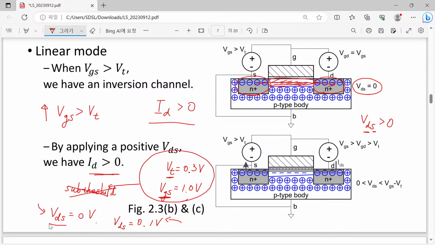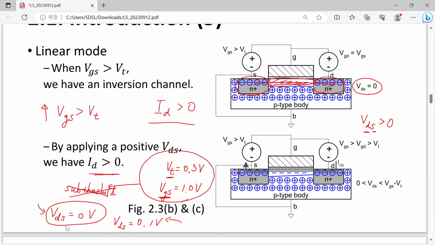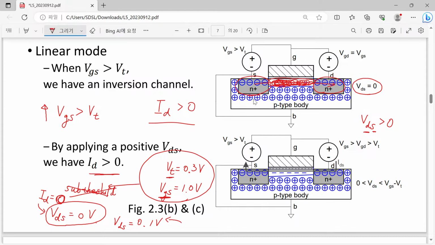Quite obviously, when you apply just 0 voltage, even in this case your drain current becomes exactly 0, because this just makes electrons, and the driving force of our electrical current is the voltage difference between source and drain.